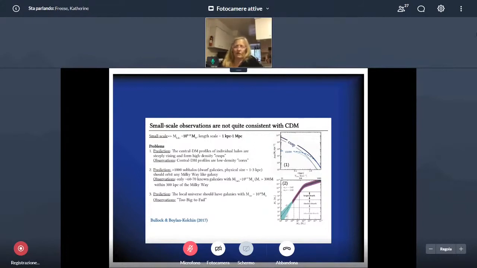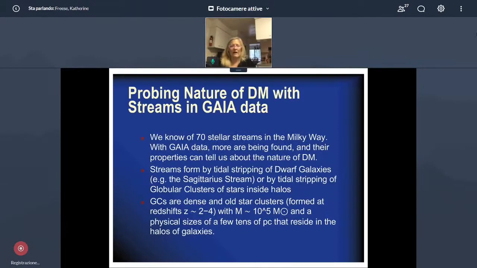So I want to show you another way to go after this question, and that is by using stellar streams in the Gaia data. How do streams form? Well, first of all, we know there are 70 observed, and new ones are constantly being found, and their properties tell us about the dark matter. How do they form? Well, there are two major ways.